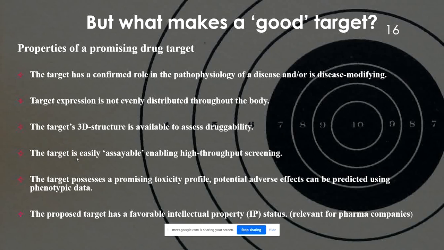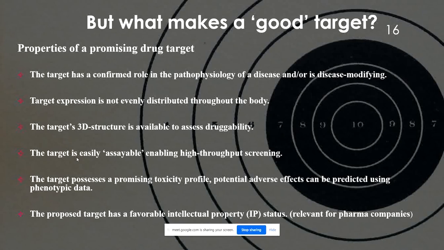So the first criterion is that the protein must have a confirmatory role in the disease. It must be involved in the pathway of the disease directly, or at least if it's not directly related to the disease, targeting it might alter your disease condition. This is the primary criterion.